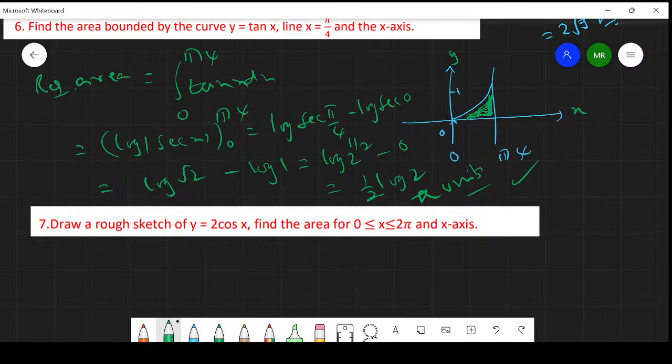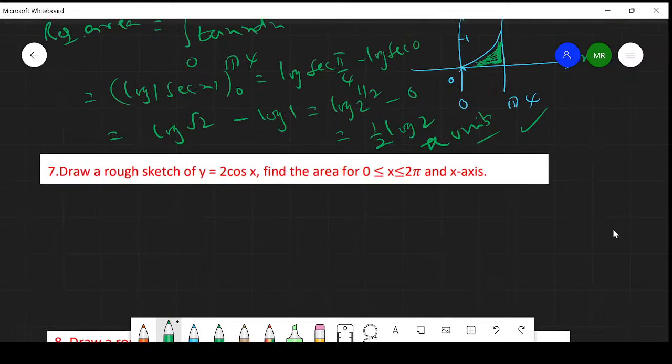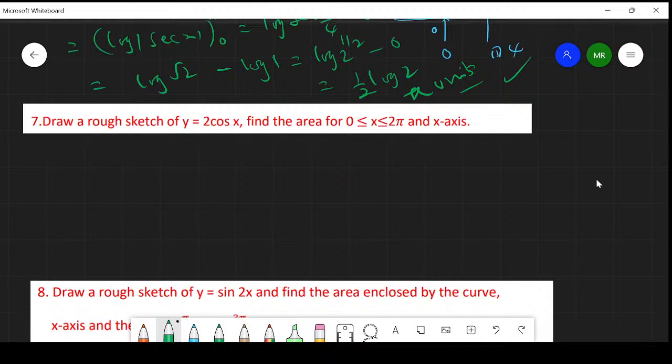Draw a rough sketch of y equal to 2 cos x and find the area for x between 0 and 2 pi and the x-axis. See, in this problem, the 7th one, we need a rough sketch.